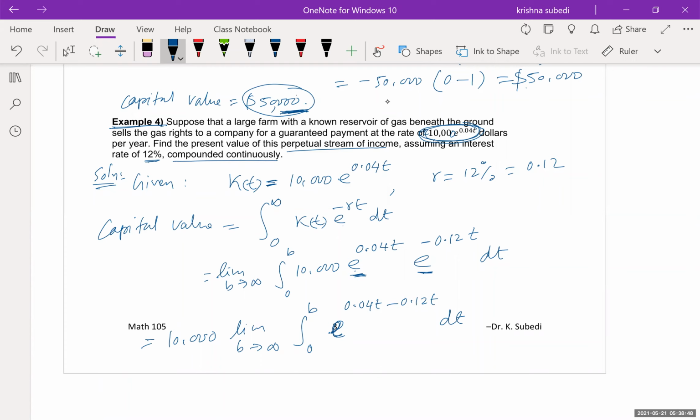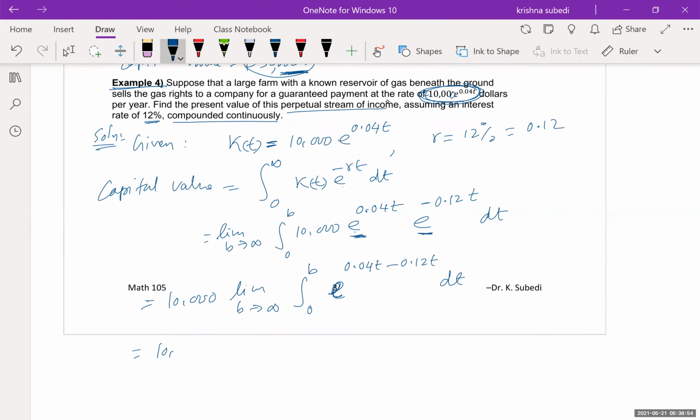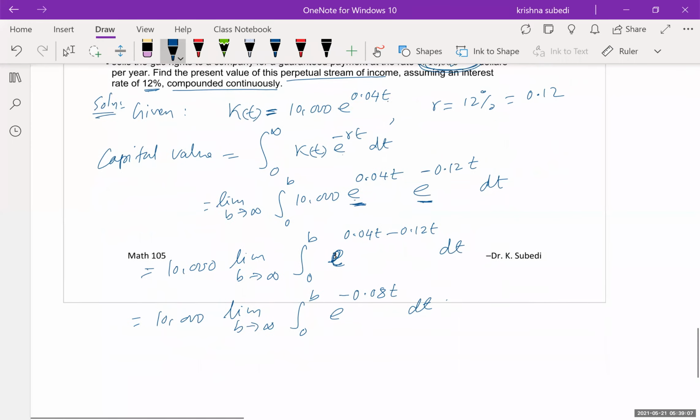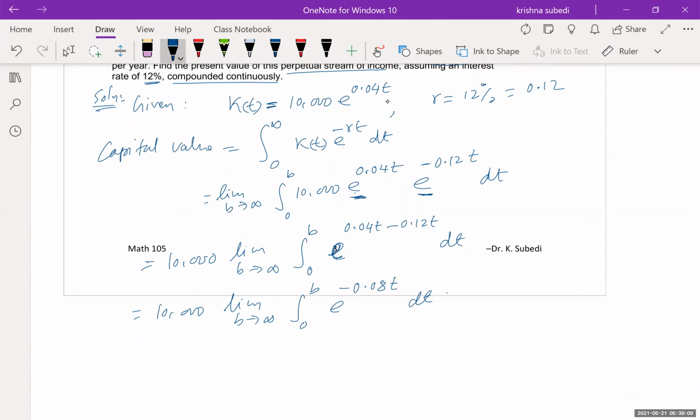When we have the same base, we just add the power. So we're going to get 10,000 limit b tends to infinity, and so you'll get 0 to b. So how much is that? It will be negative 0.08 t dt. And I trust that you can complete this by yourself. Okay, try to complete it quickly now.